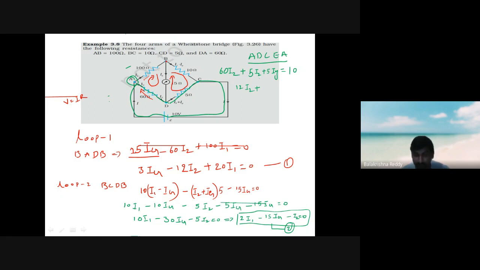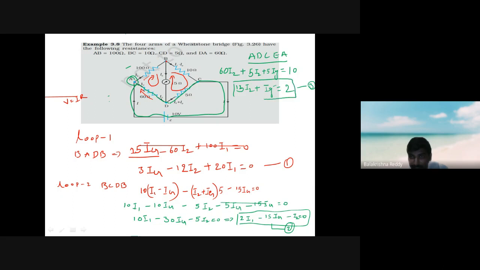Both are I2s. Then it can be written as 13 I2 plus Ig equal to 2. Okay, so this equation gives us equation 3.